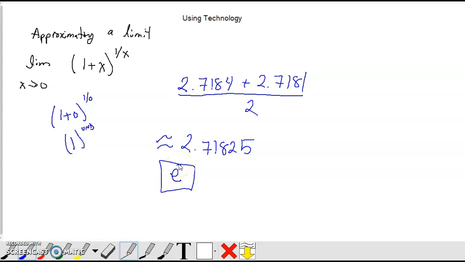But this is just another example of how we can use technology when we can't divide out, when we can't approximate things without using technology. Again, we're not going to focus too much on this. We're going to focus on the dividing out technique and our rationalizing technique. In the next video, we're going to talk about one-sided limits.